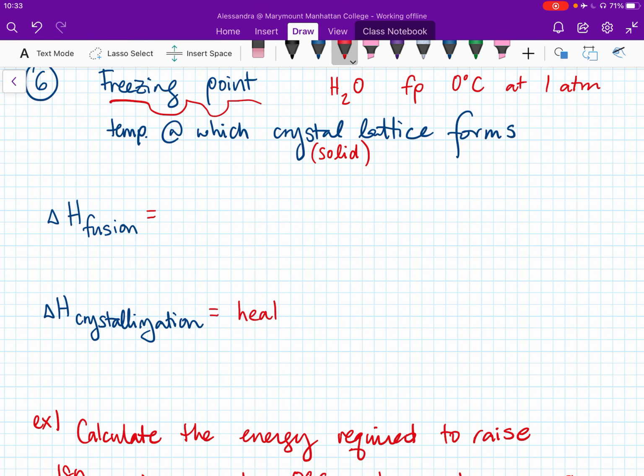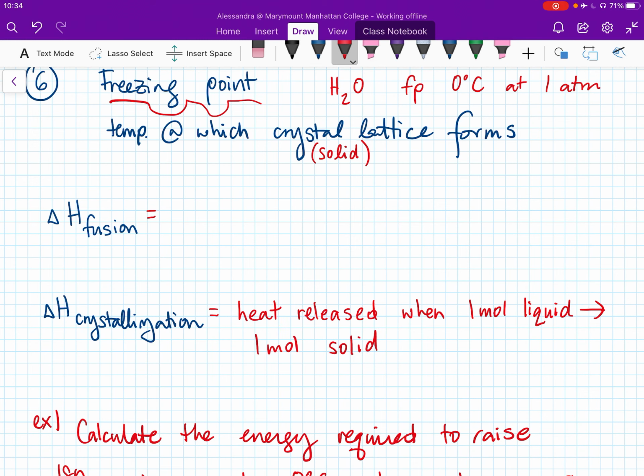So when you go from a liquid to solid, that's an exothermic transition. So heat is going to be released from the system to the surroundings. So the heat of crystallization is defined as the heat that gets released when 1 mole of liquid transforms into 1 mole of solid.